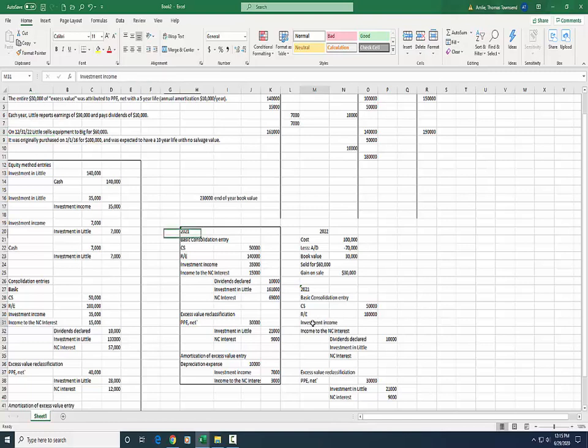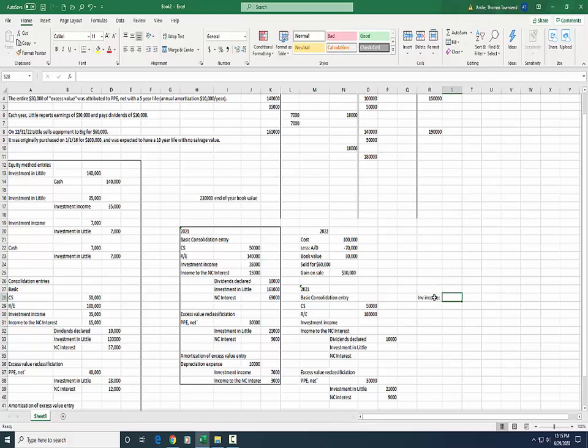And so when we calculate the investment income, this is going to be the parent's share of the reported earnings plus or minus, so it equals 0.7 times $50,000. That's their share of the reported earnings.